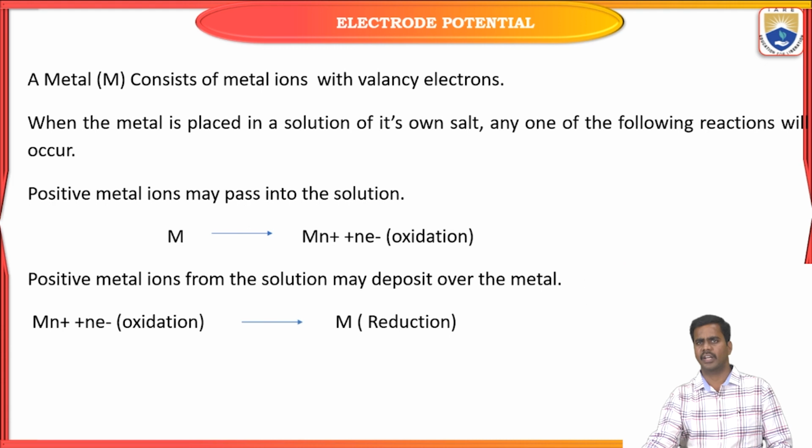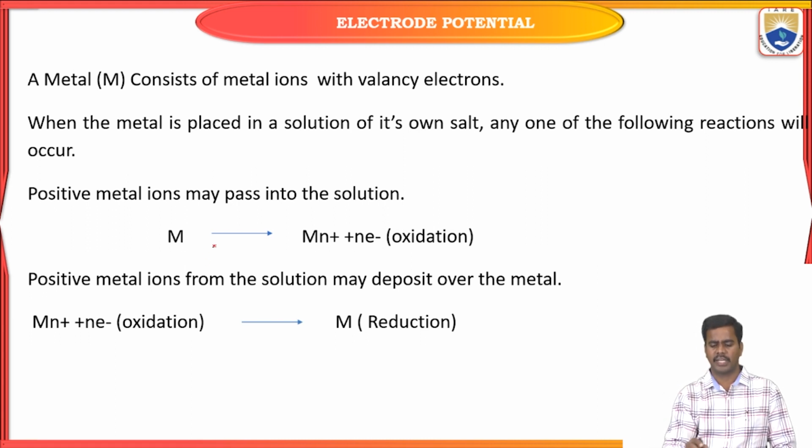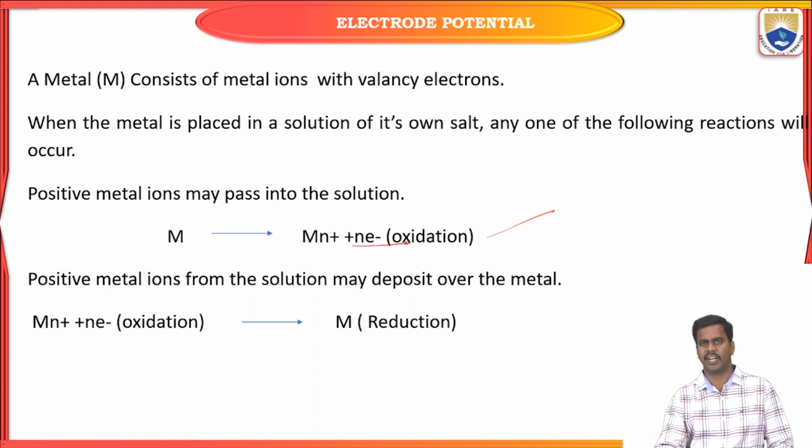A metal consists of metal ions with valency electrons. When a metal is placed in a solution of its own salt, one of the following reactions takes place. First, the metal undergoes oxidation. That is, the metal loses electrons when it is in contact with a solution of its own salt.